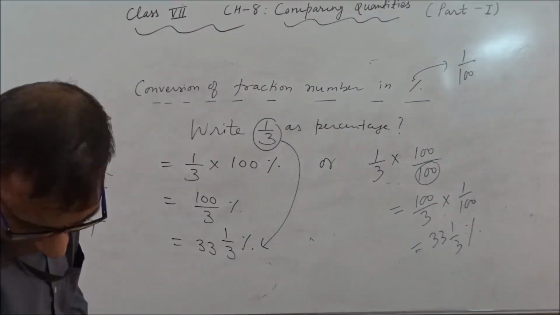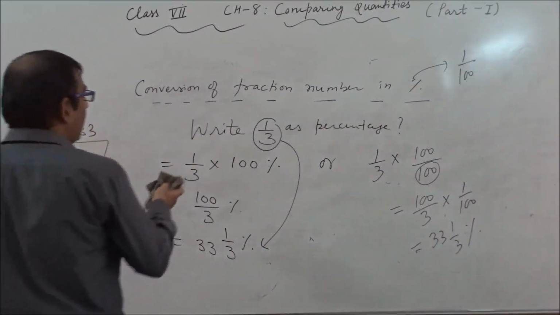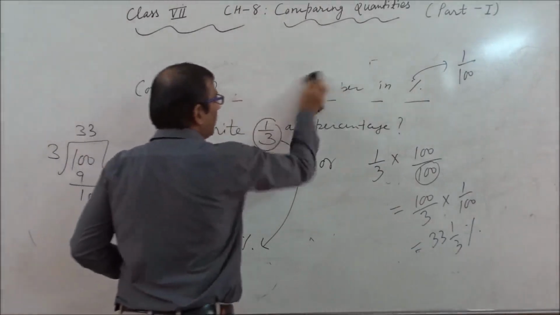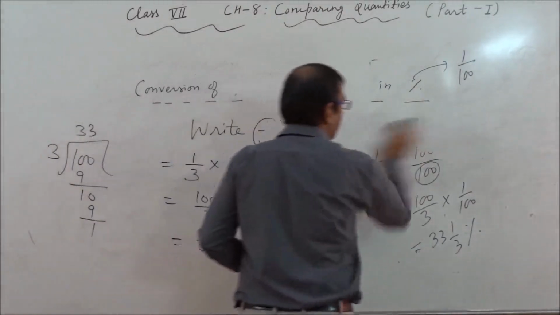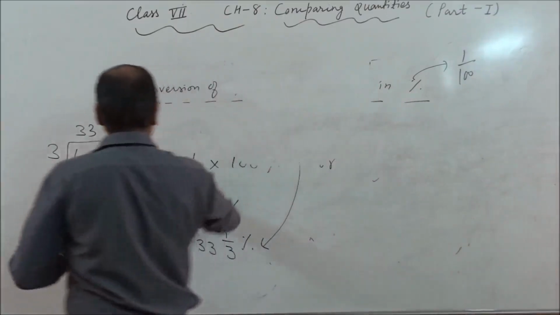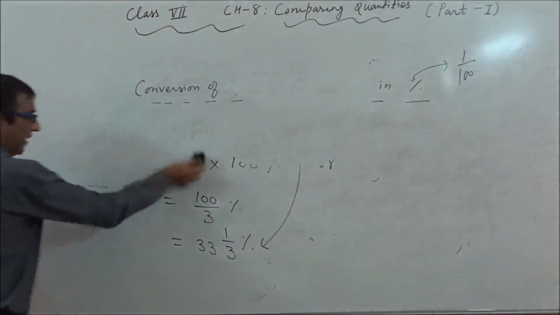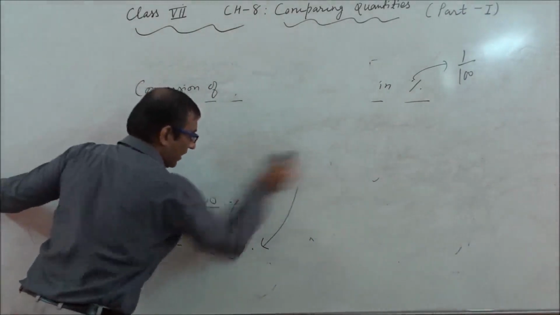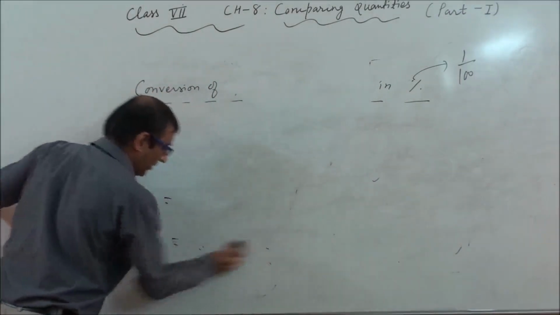Now I come to the next concept, that is conversion of decimal number. So there are so many concepts, so many examples given in your NCERT book. So I am taking one part or one example from these concepts.